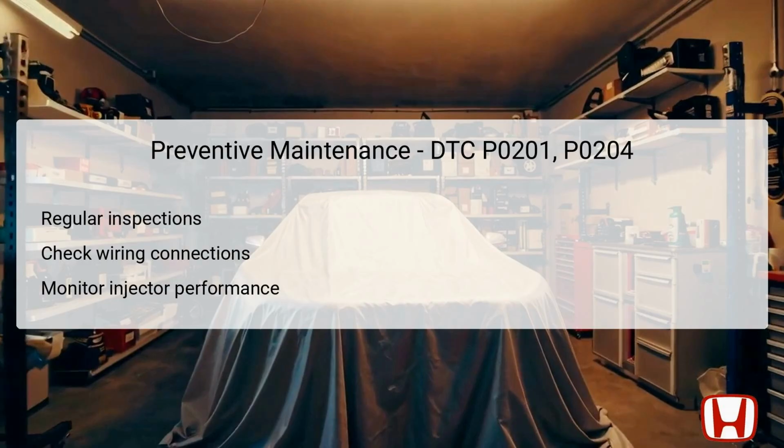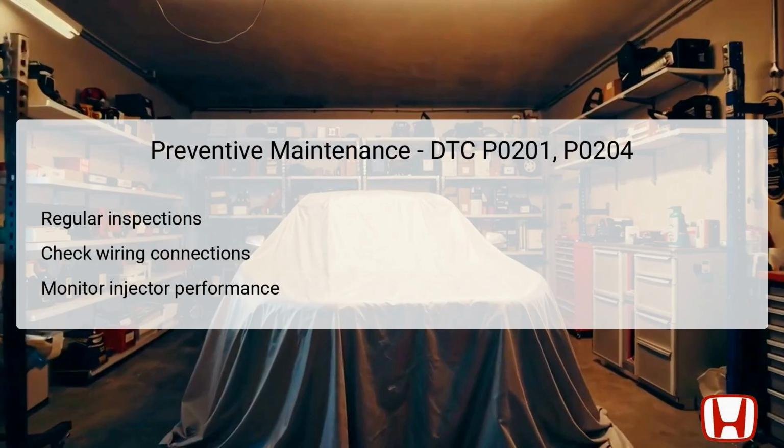Preventive maintenance is vital to avoid future issues related to DTC P0201 and P0204. Regular inspections of wiring connections and the injector relay can help identify potential problems before they escalate. Implementing routine checks on injector performance ensures that fuel delivery is consistent and efficient.